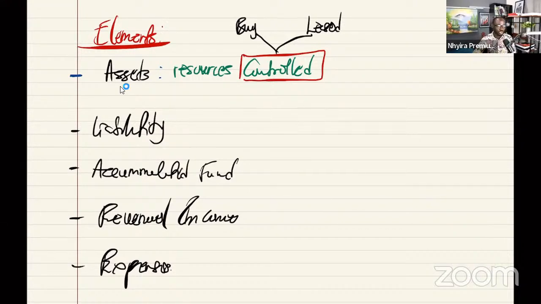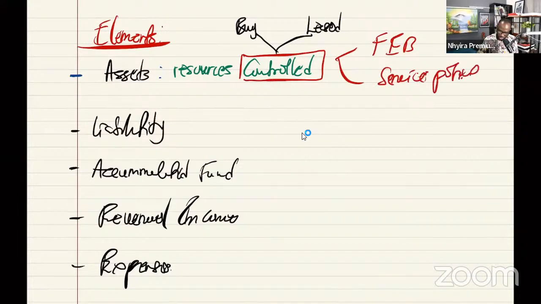So resources controlled by an entity from which future economic benefit or what we call service potential flows to the entity. Now, there are some assets that directly generate money.